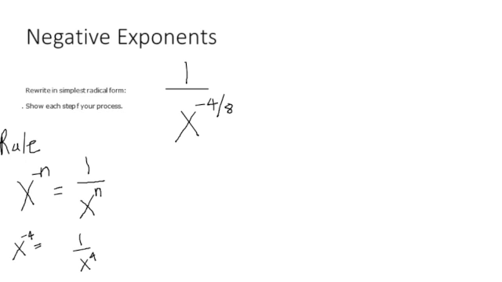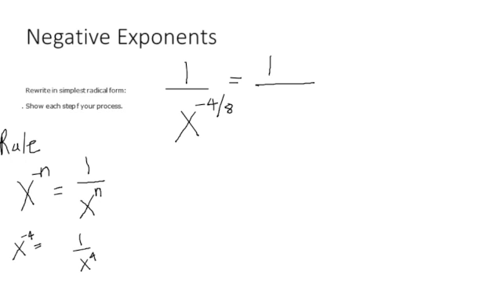Now, the same rule applies if you had a negative power in the denominator. So I'm going to show you how we apply this rule here. 1 over, okay, this is in the denominator, but that's okay. That doesn't mean that we can't have another fraction in the denominator.